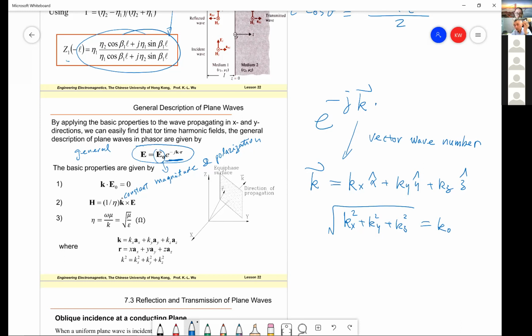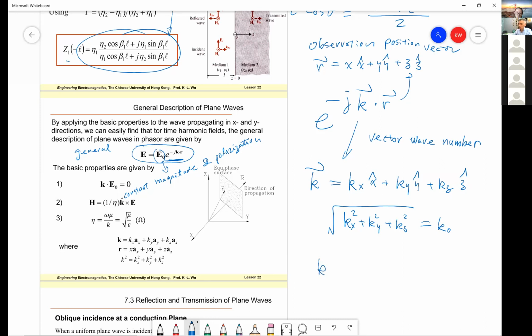So K dot R, where R is the observation point position vector. R is X, Y, Z, right?